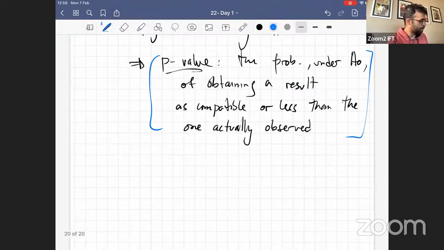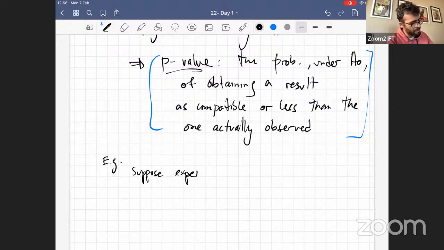So let me put a very quick example here. Suppose you have an experiment, and in this experiment you observe, I don't know, a number of counts.